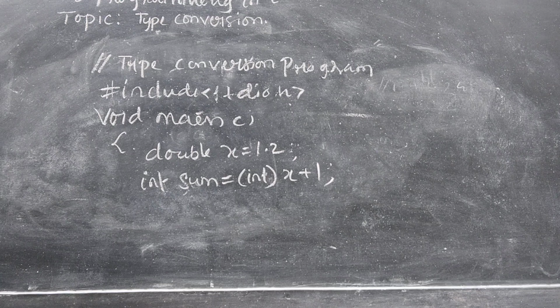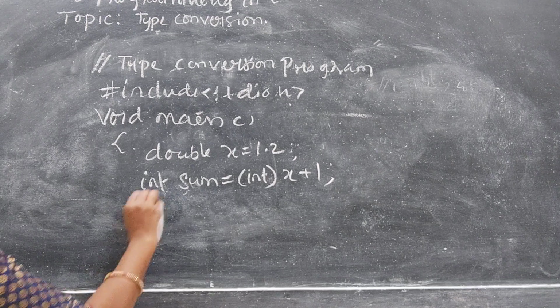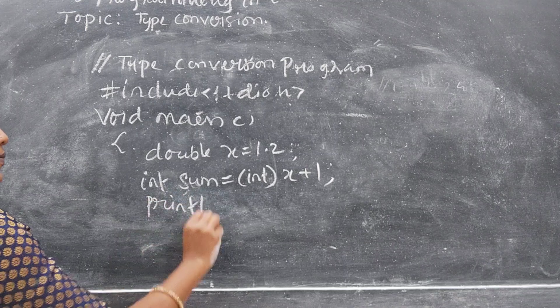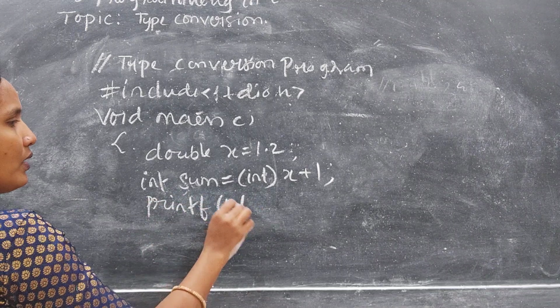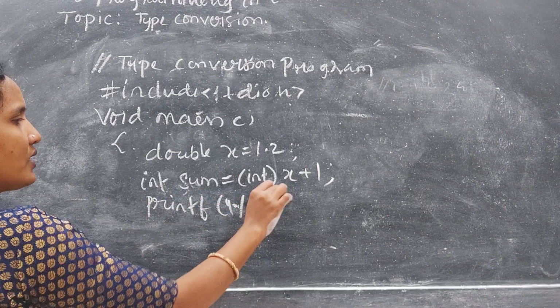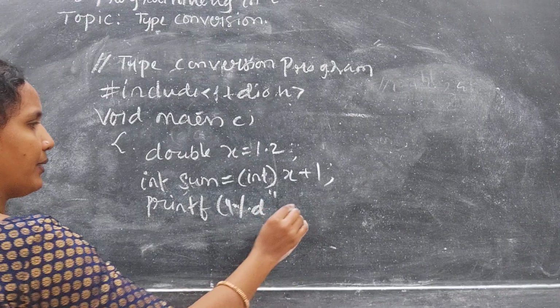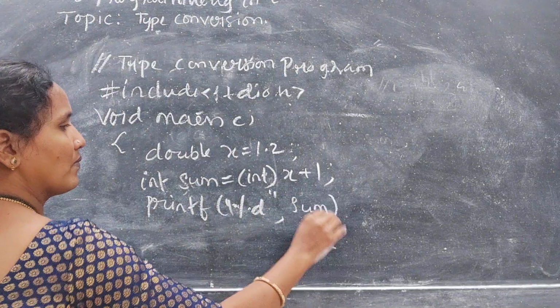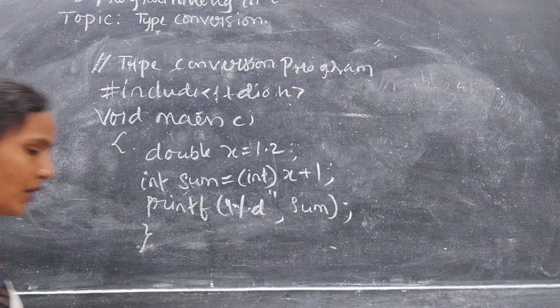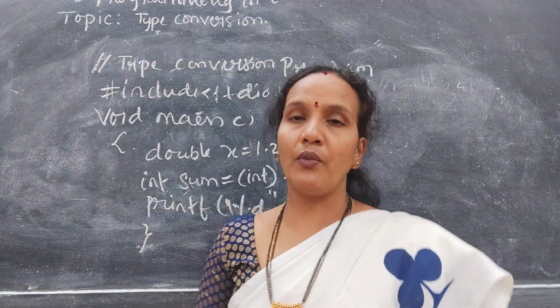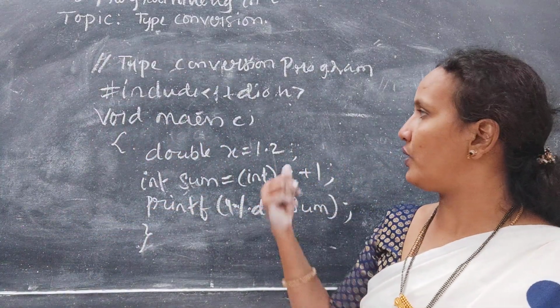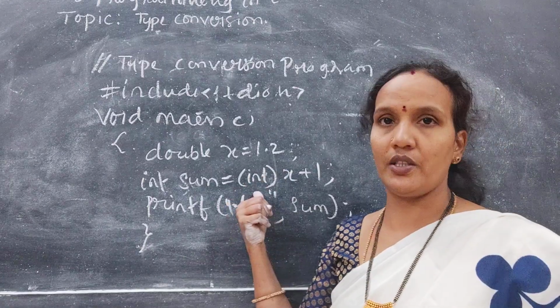Okay, now how much you will get, you print that. The resultant variable is an integer, so I am taking percent d. So here, what value are you converting? You are converting float into an integer.